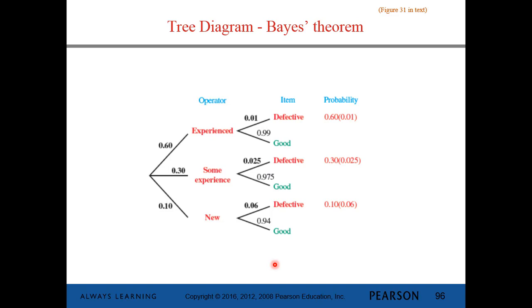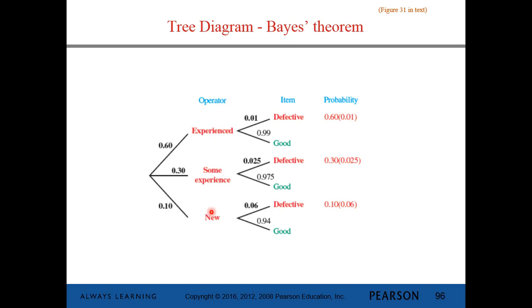I want the probability of a randomly selected person being new, given that the part is defective. So I want the probability that the operator is new given that the item produced was defective.